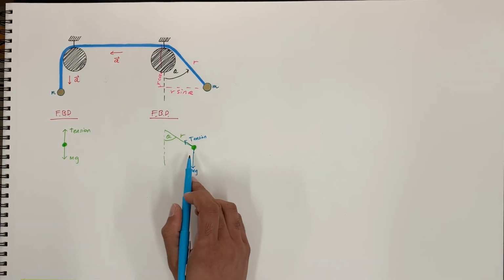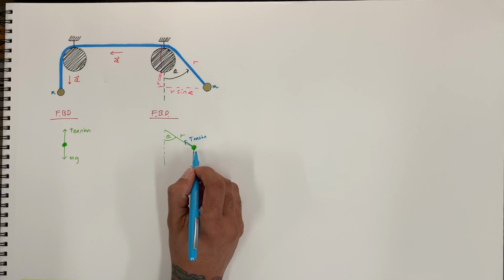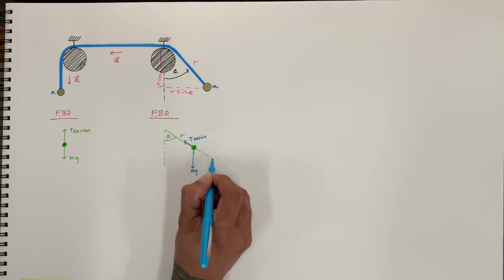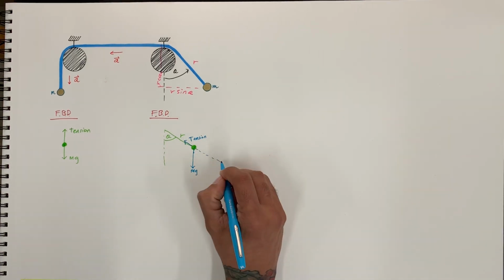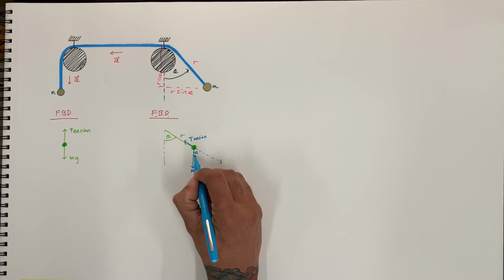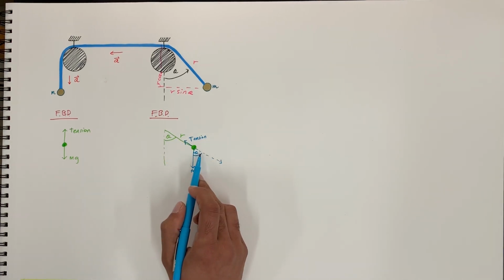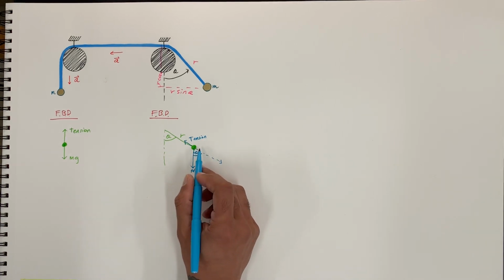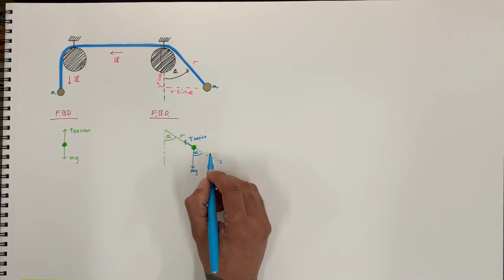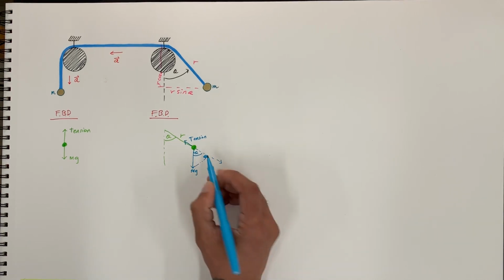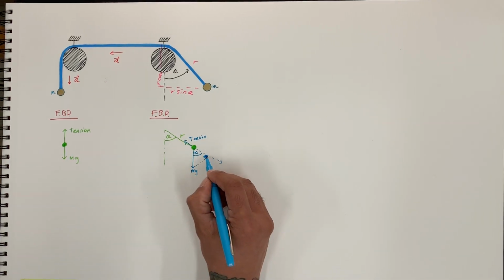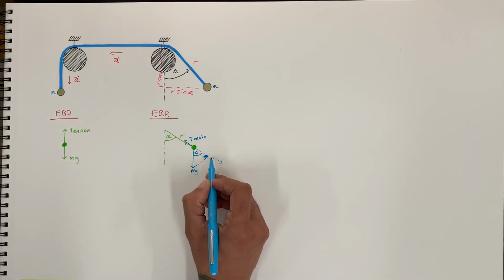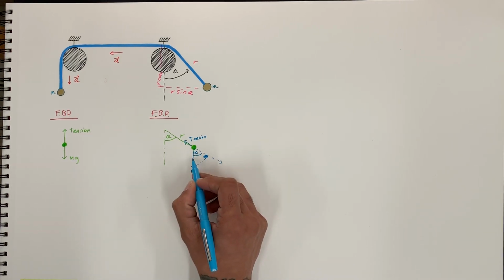Okay, and from that line we can extend this going downward, and we have a theta here, which is the same angle as this one. And now we can do adjacent over hypotenuse, because if we do a triangle here, this is 90 degrees, and this is gonna be the adjacent, this is gonna be the hypotenuse.